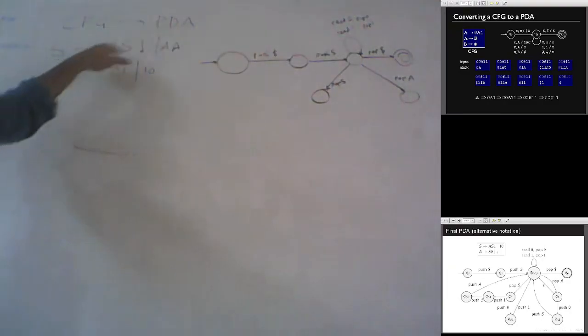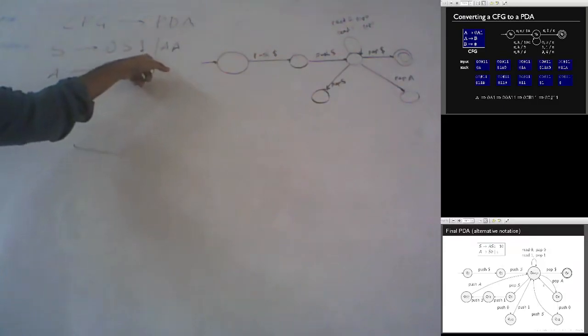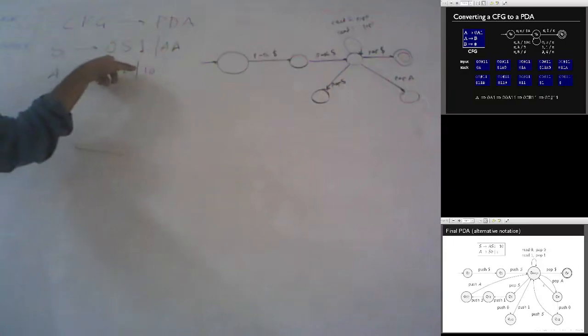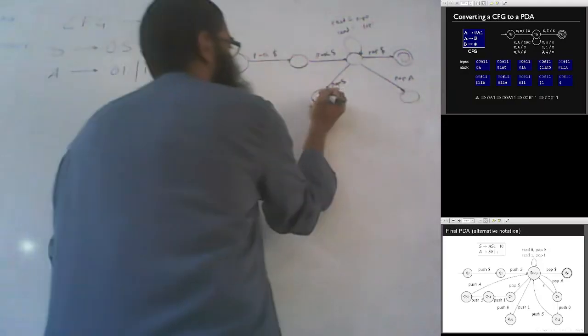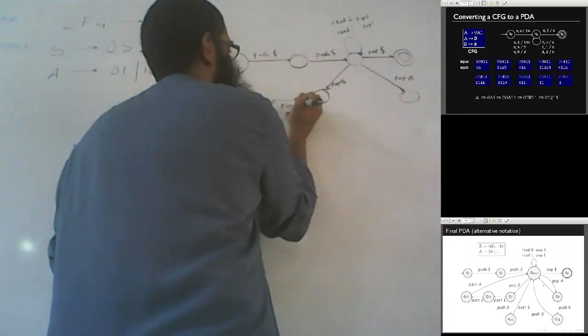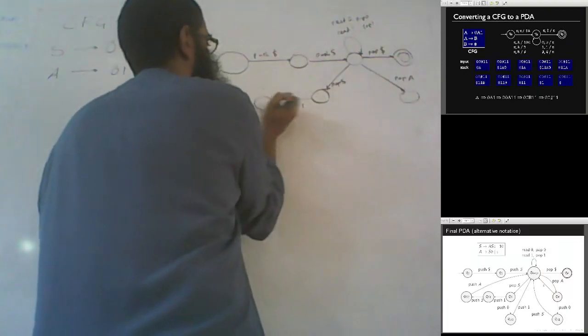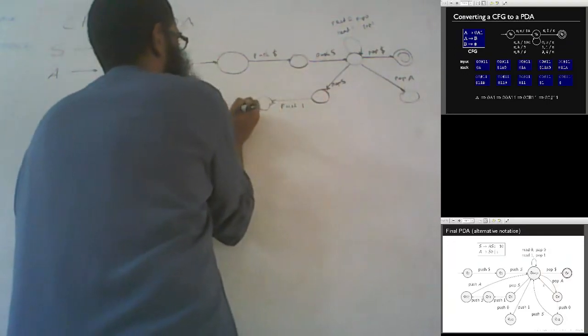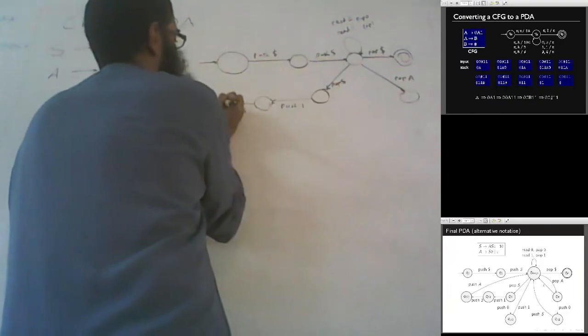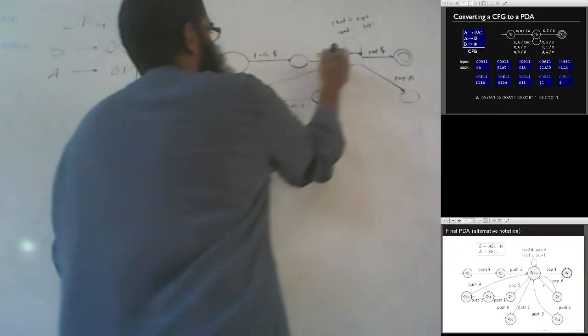So for 0S1, the path is going to be push 1, push S, push 0. So from S, we push 1 to a state, push S to another state, and push 0, then you can go straight back.